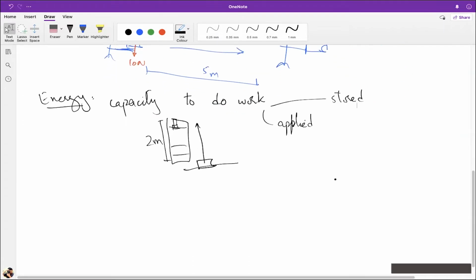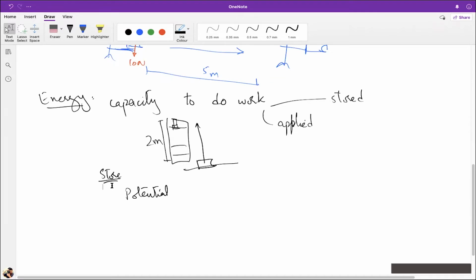For example, there is a store of energy that this book now has just because it's at a higher distance from the earth. We say that it has potential energy, and that potential energy is the energy stored in it. So this book is now an energy store. It has potential energy in it. I'll get to the intricate details of what potential energy is.